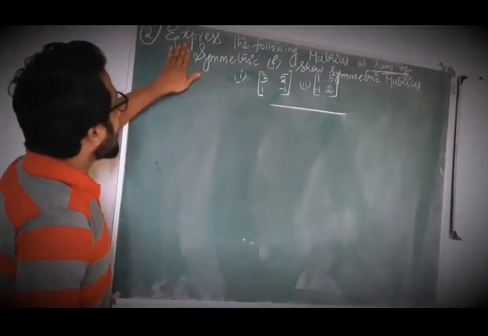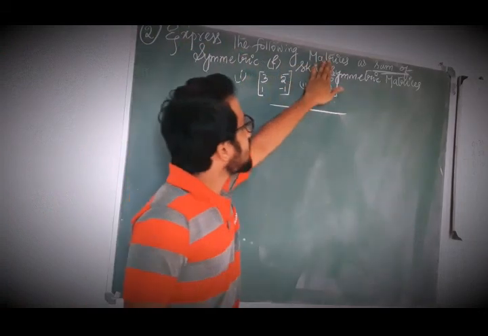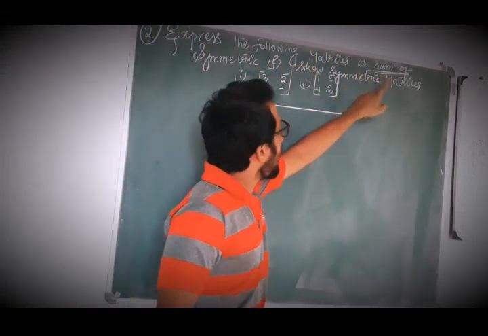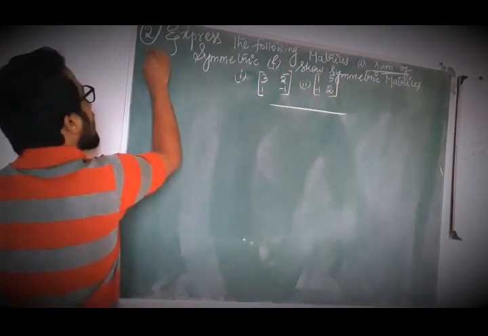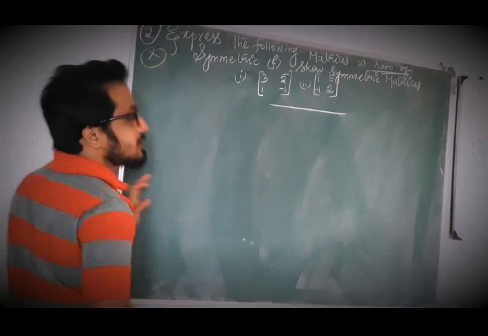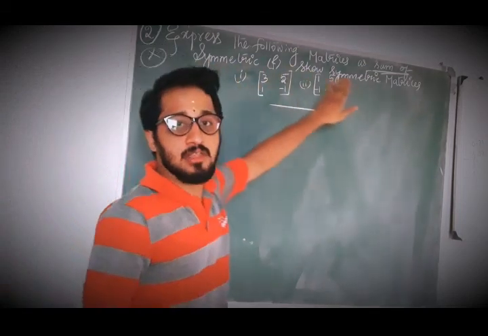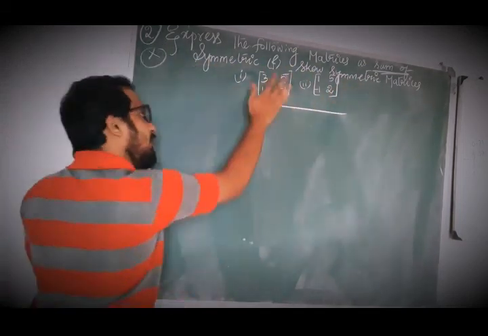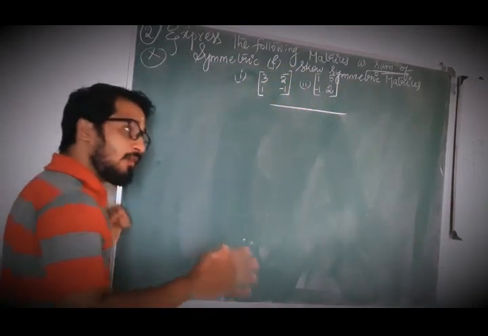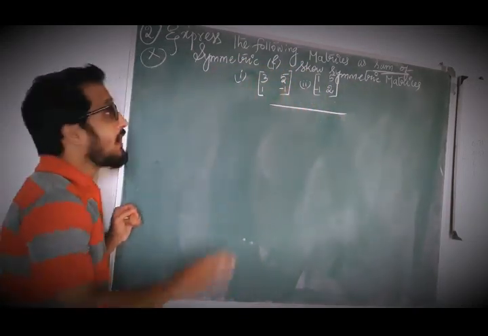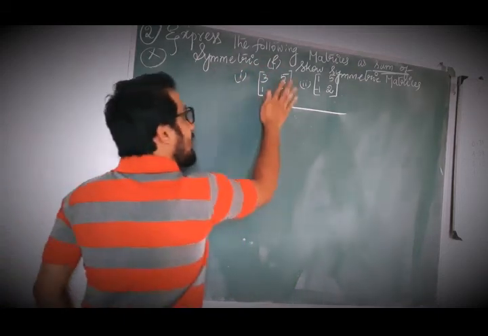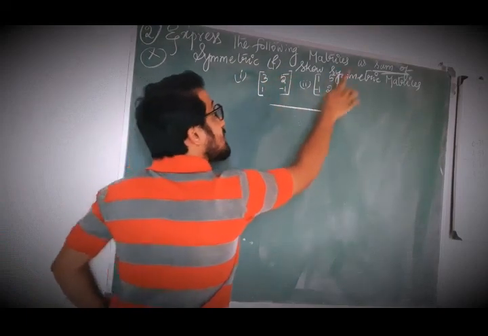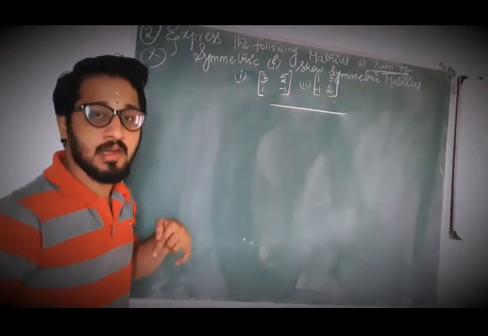Second question. Express the following matrices as sum of symmetric and skew symmetric matrices. Very important question. They are given one square matrix, and they are asking to write the given matrix as sum of symmetric and skew symmetric matrices.